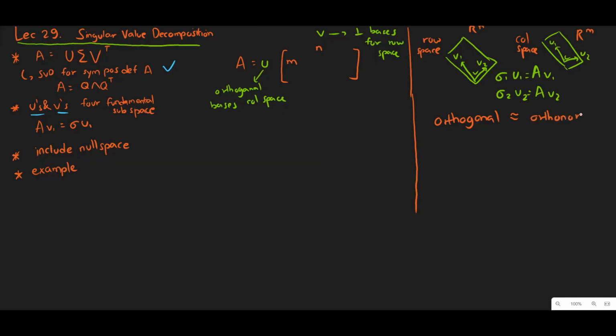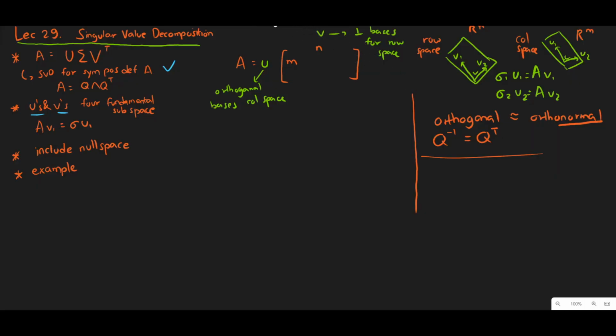This is a really important step. We need to make those orthogonal vectors orthonormal. Why? Because later on we want to utilize this property of inverse equal to transpose, but we will see that later on.